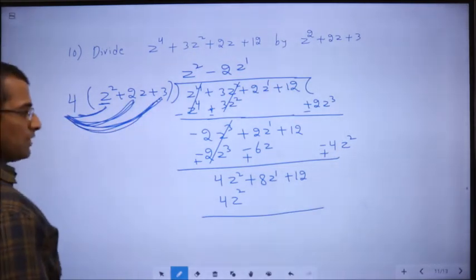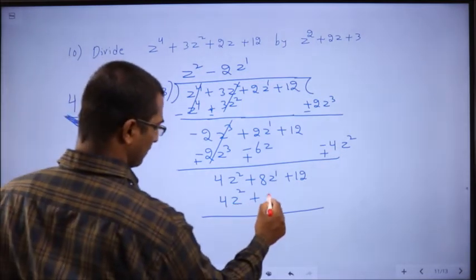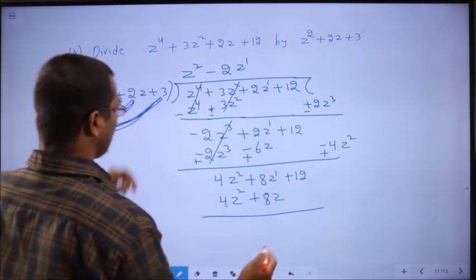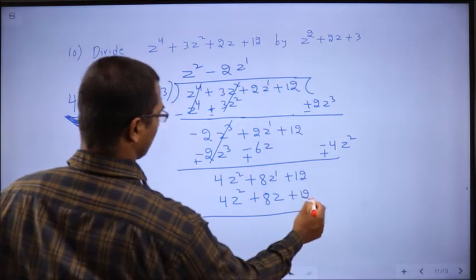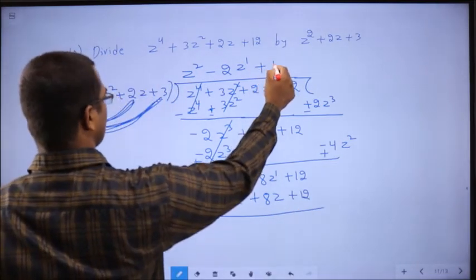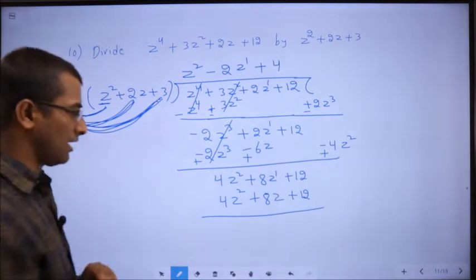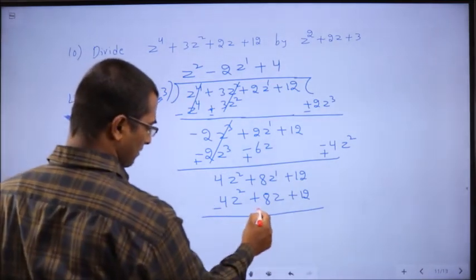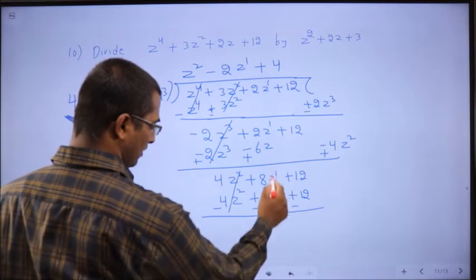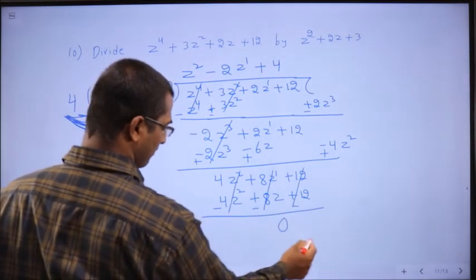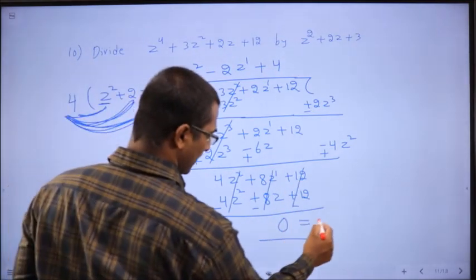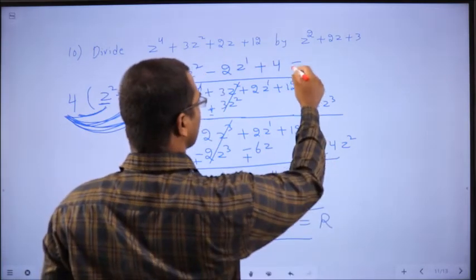So 4 into 2z will be 8z and 4 into 3 is plus 12. So next term of the quotient is 4. Okay. Change the signs now. So minus, minus, minus. This cancel out, cancel out, cancel out. So I am left with 0. So this is the remainder and this is the quotient.